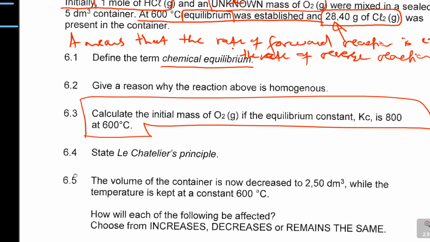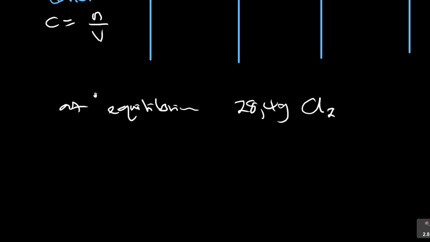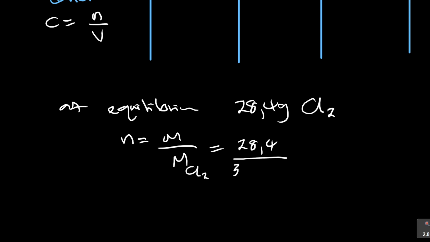So if this is happening at equilibrium, you now know you can find the number of moles at equilibrium. It's grams. Now what is n? Is m over this, right? And we know the M for chlorine is 35.5. This is the same as saying equal to 28.4 over 35.5 times 2, which is like 71.